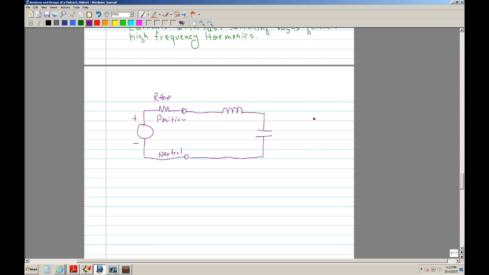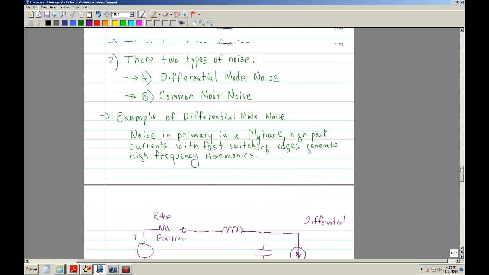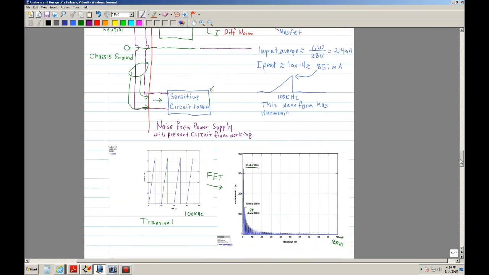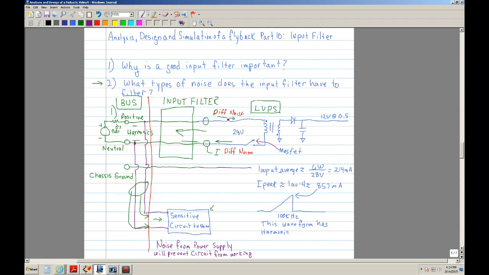Now your differential noise can actually be modeled by a current source. Let me draw it this way to be consistent with this. In other words, I'm saying that the current goes in from the positive and goes out from the negative, or the neutral side.